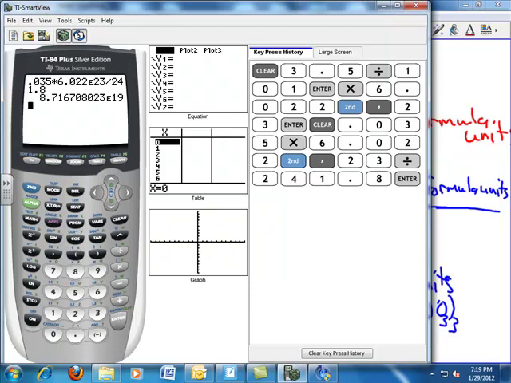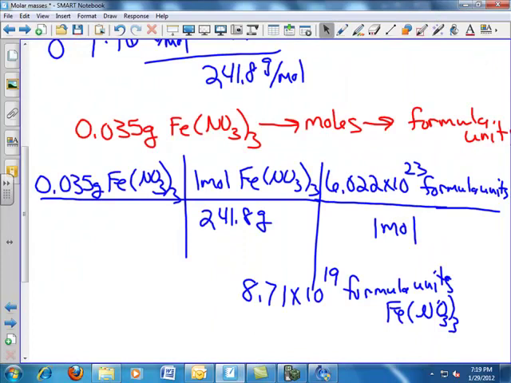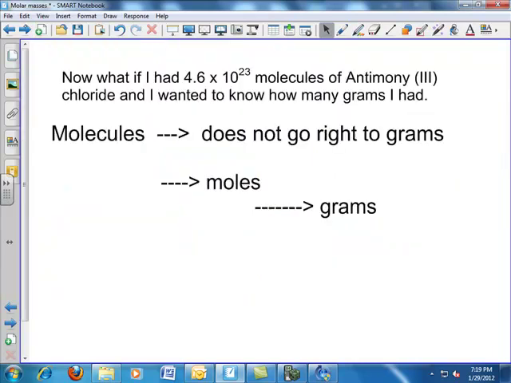So how you put this in your calculator, as long as you're following the rules of mathematics, which you've learned in 5th grade, okay, you should be able to get these to work out.